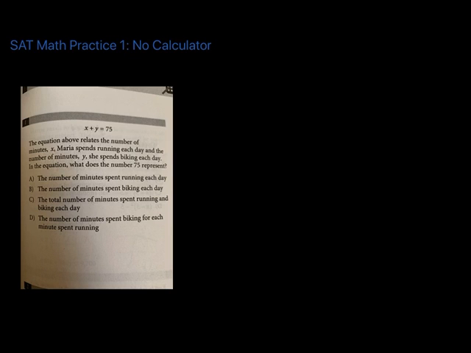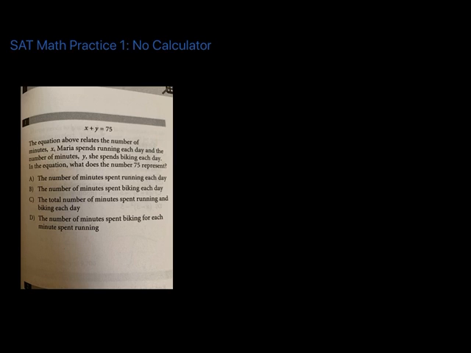Our first problem is x plus y equals 75, the equation we're given. The equation above relates the number of minutes x Maria spends running each day and the number of minutes y she spends biking each day.